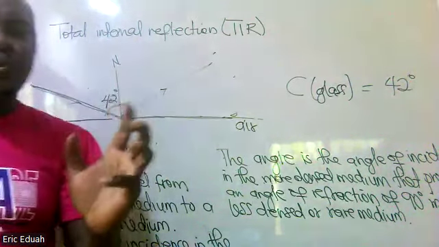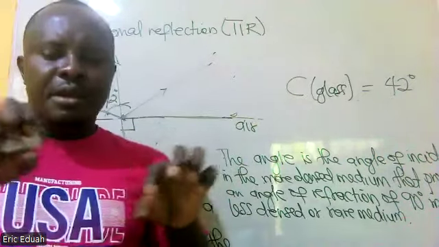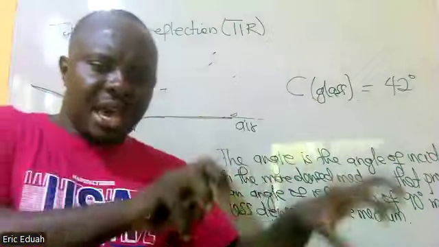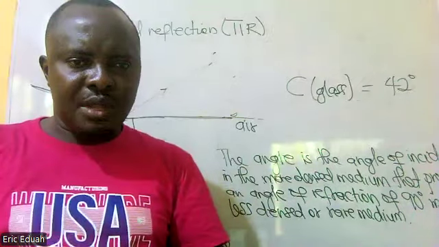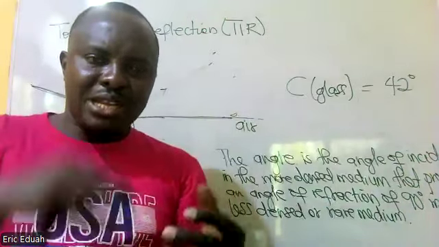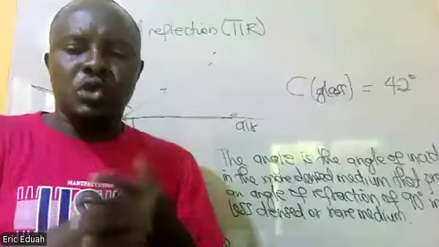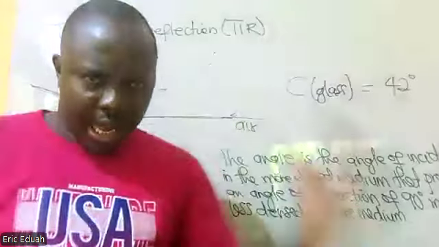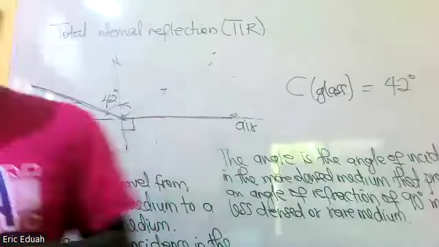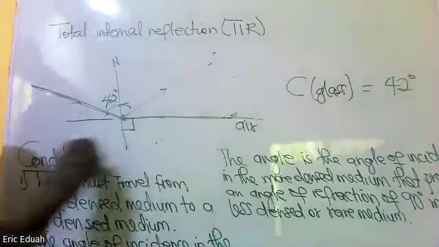So what we are going to do from now is that if you have A, B, C material, how do you determine its critical angle so that you can use that to cause total internal reflection to occur in a material? So that's the next thing to do.